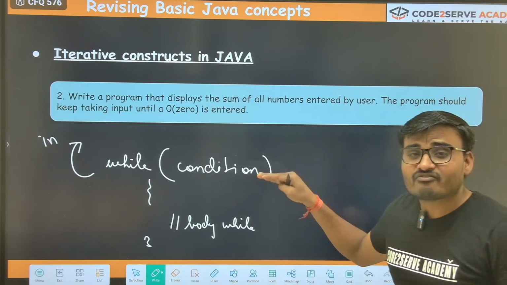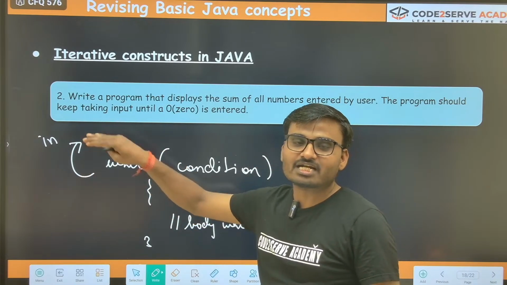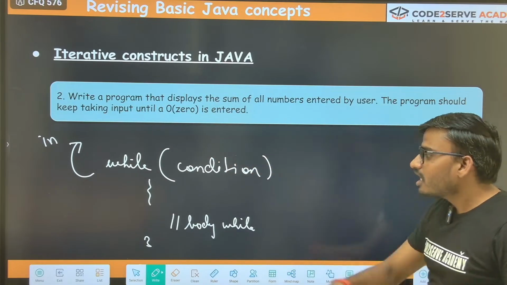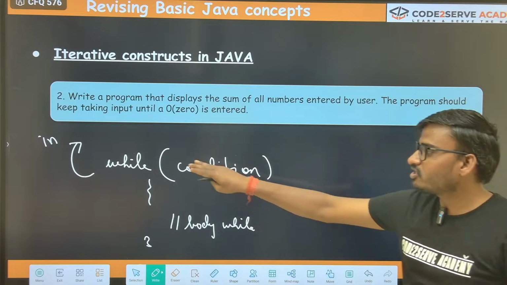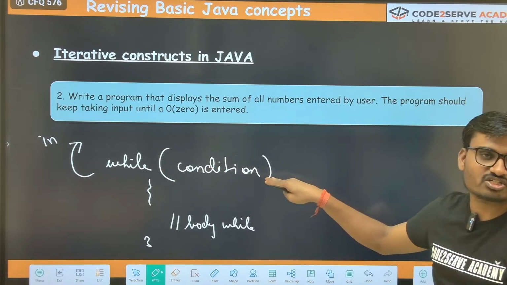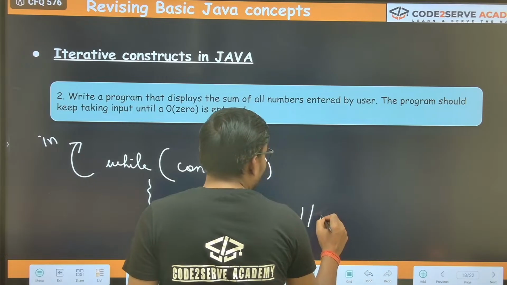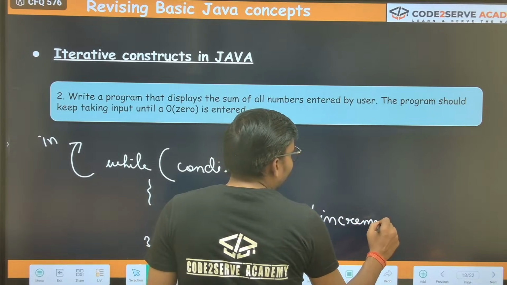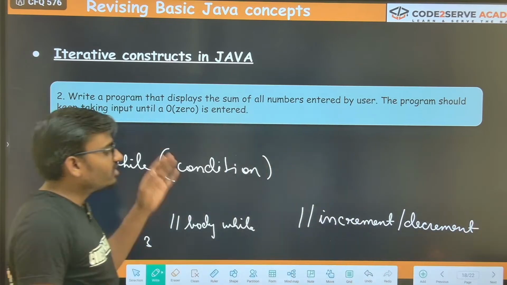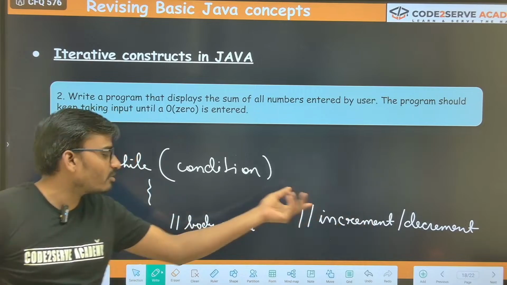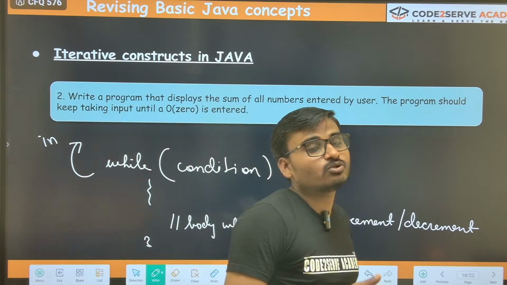So in case of while, initialization is done above before starting this loop, and here the condition is written, and inside the body of this loop, increment or decrement is done. So suppose you miss to write the increment or decrement inside, this will lead to an infinite loop. That means that loop is never going to end.